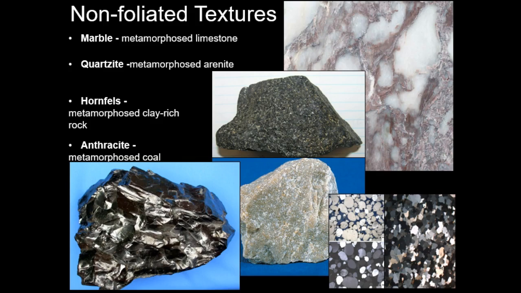So a few of the common rocks from non-foliated textures are marble, for example, which is a metamorphosed type of limestone, or equivalent to limestone. Its chief mineral component is calcite. Marble is easy to cut and shape because calcite is very soft.